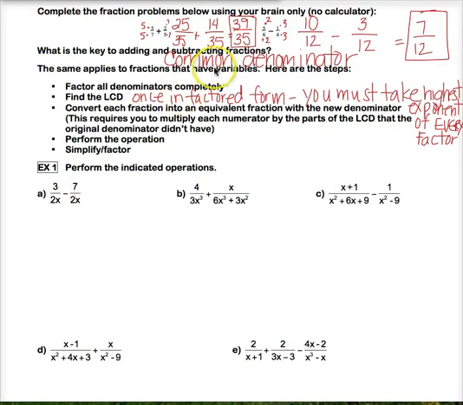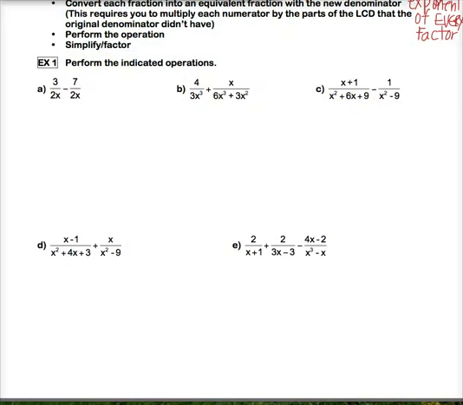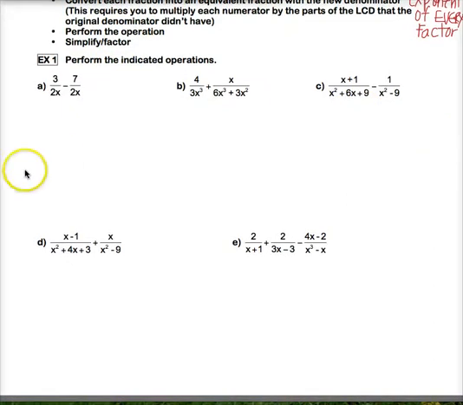So this requires you to multiply the numerators by whatever parts of the LCD that the original denominator didn't have. Then you can add or subtract, and then we will simplify or factor and reduce again. So we're going to look at quite a few examples here because it takes a couple times to really get the hang of this.